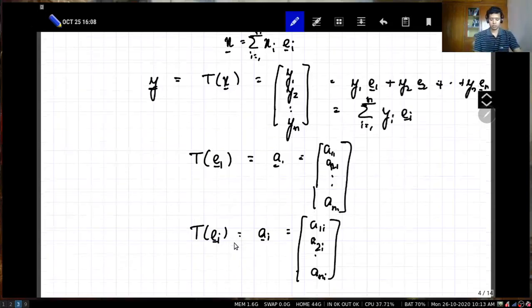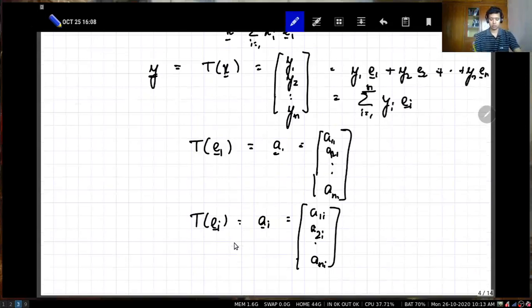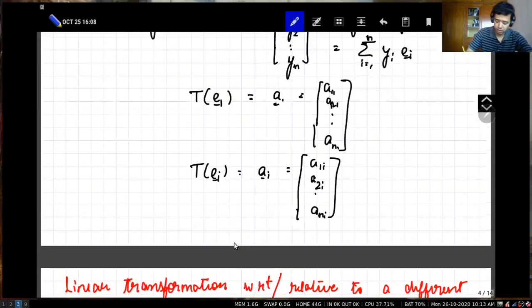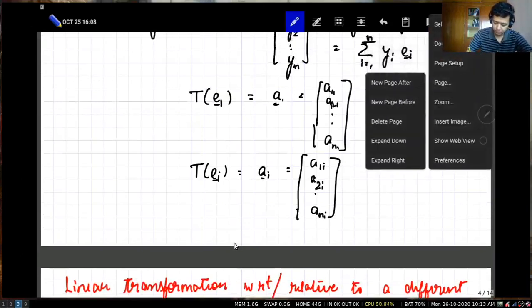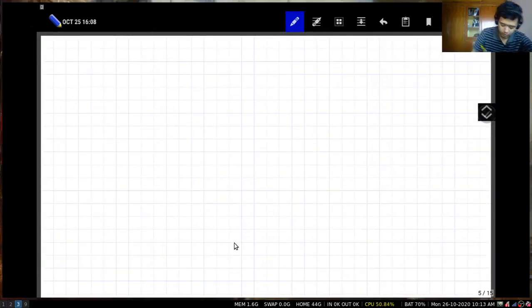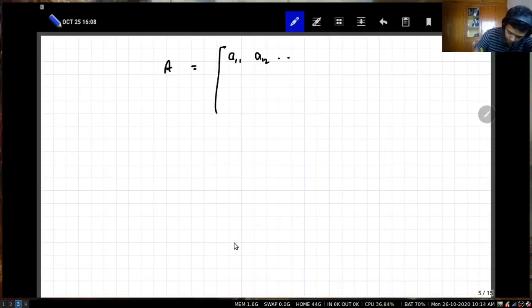Now, if these are the transformations of the standard ordered basis vectors e1, e2 up to en, then I claim that the matrix A of the transformation can be written with entries a11, a12 up to a1n, down to an1 through ann.